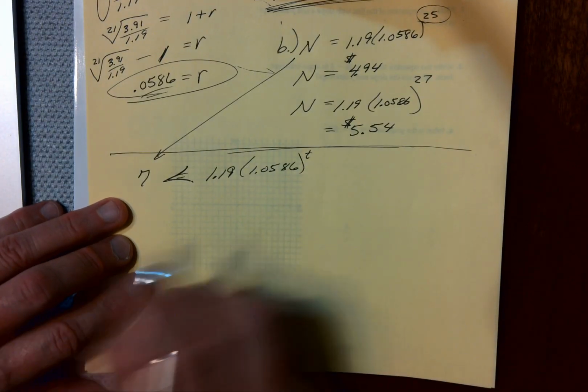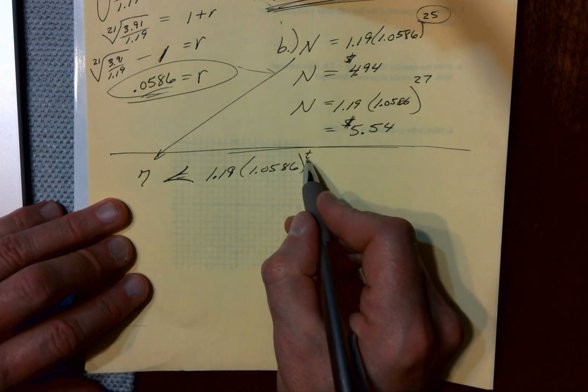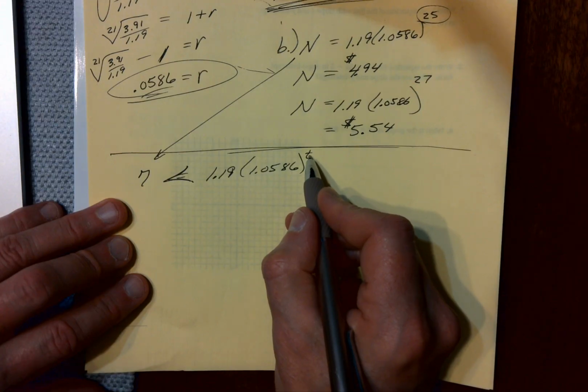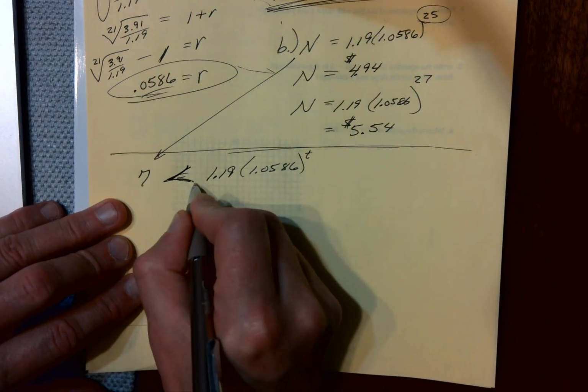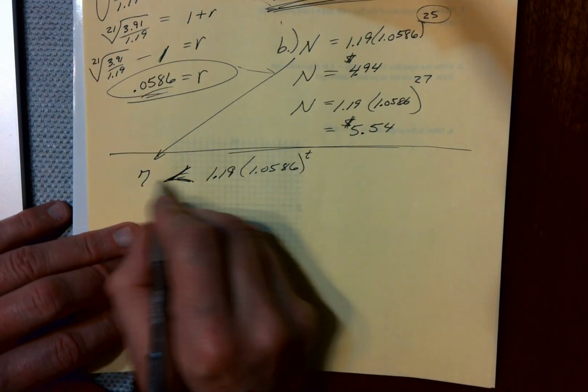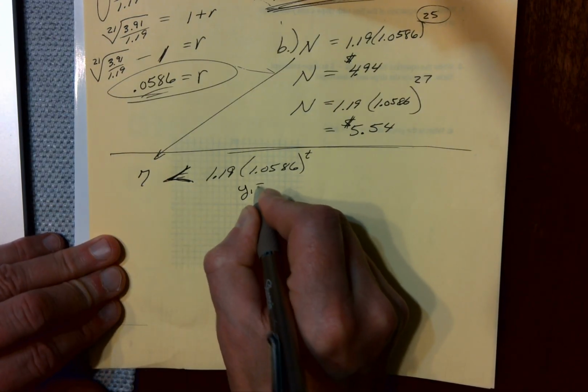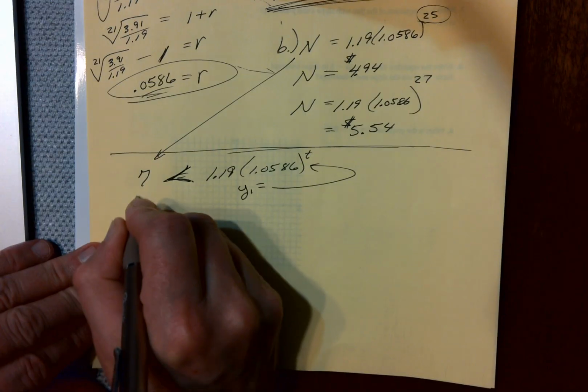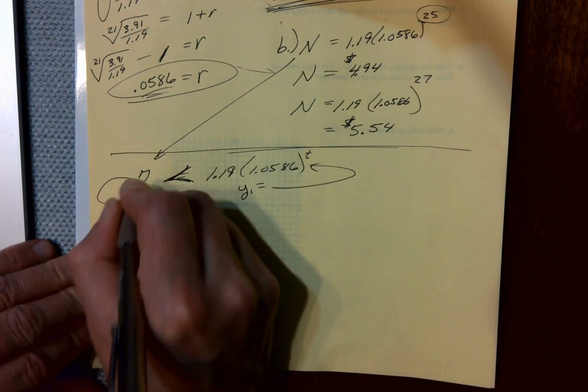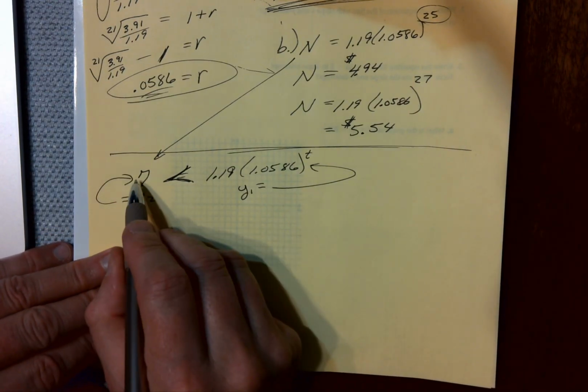On this one, because you have the exponent as a variable, we will solve this eventually by using logarithms, but today we're just going to graph it. I would graph it like this: y1 equals this, y2 equals this. And I do know this is 7.